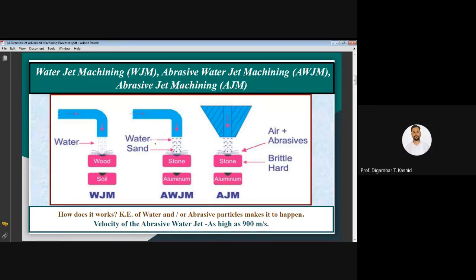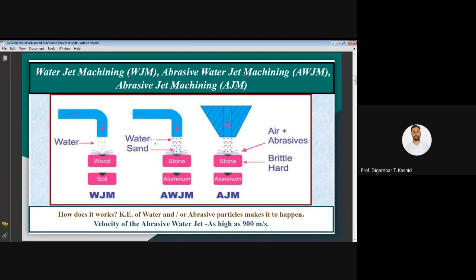Normally, to remove material we have a system. In the second chapter we are going to see the components or elements we use for the water jet machine and for others also. But for every material and every process we have some limitation. We can cut wood, soil, remove coatings, do dusting, remove rust particles, or use it for surface preparation.